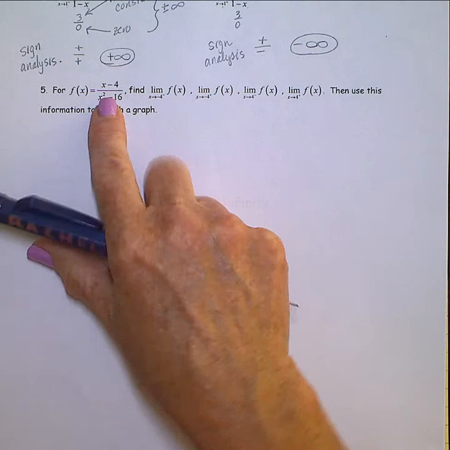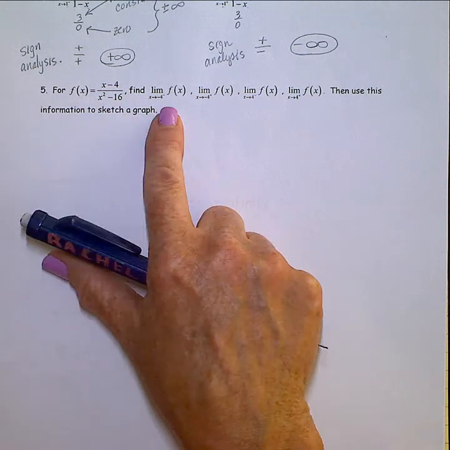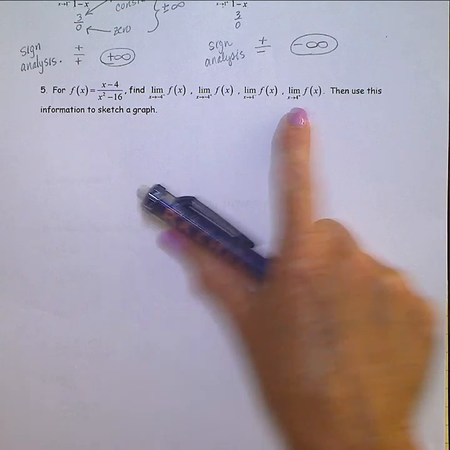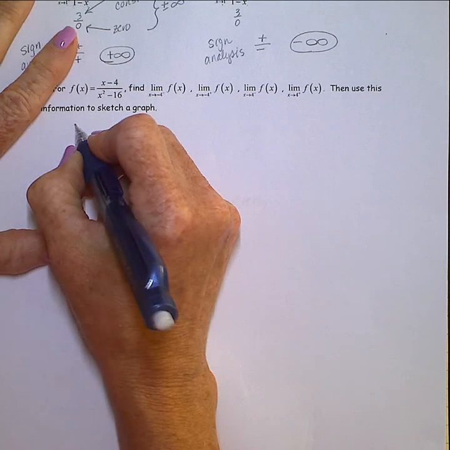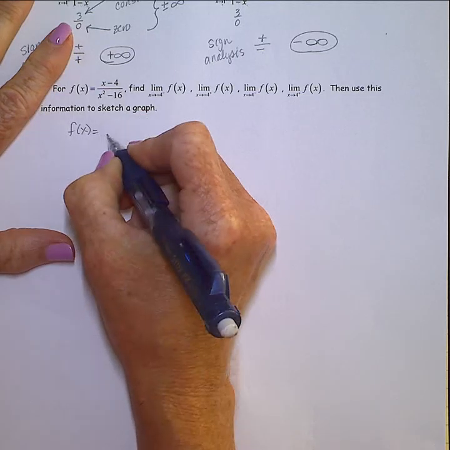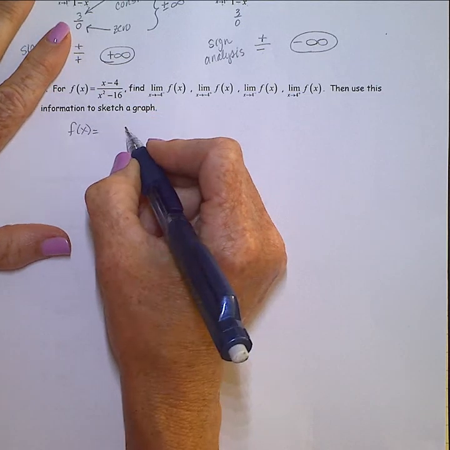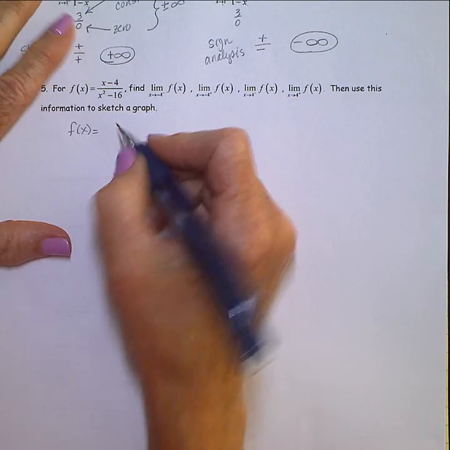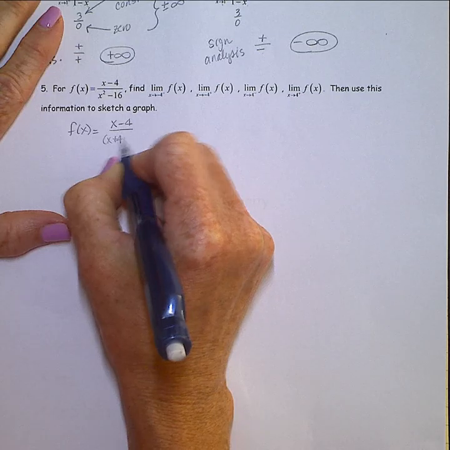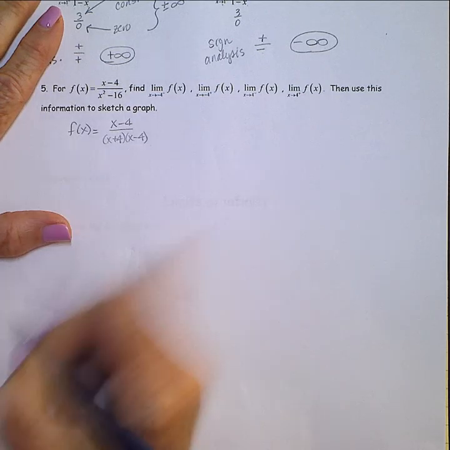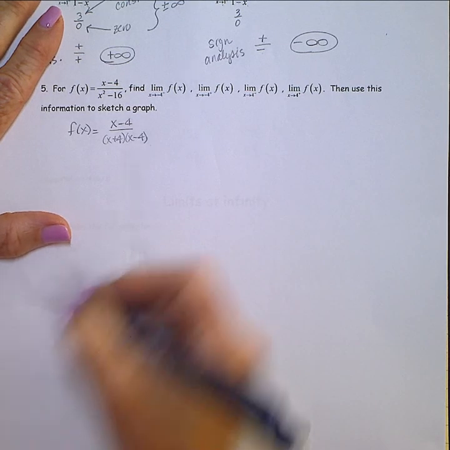All right, here we go. For f of x is x minus 4 over x squared minus 16, I want you to find all of these limits, then use this information to sketch a graph. Okay? All right, as you're starting, what are you seeing right off the bat when you're looking at this x minus 4 over x squared minus 16? Factor, absolutely. So we have x minus 4 over x plus 4 times x minus 4. And the x minus 4's divide out.